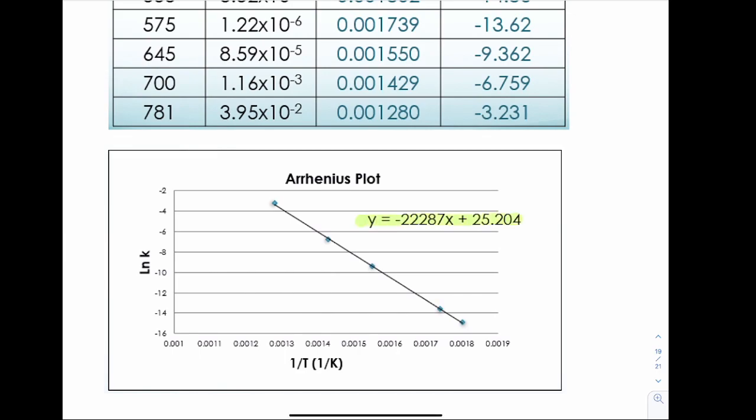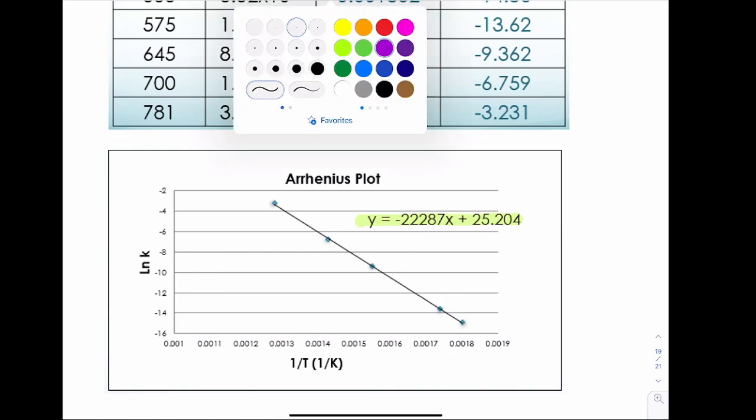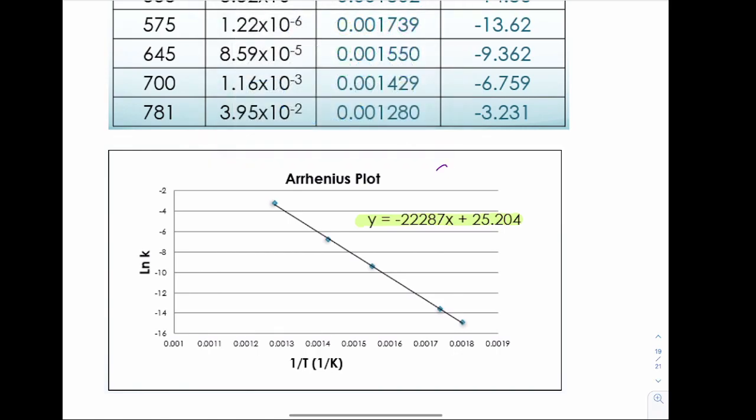We know that our slope is equal to the negative activation energy divided by my gas constant.